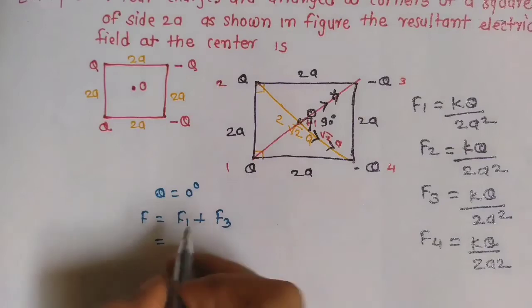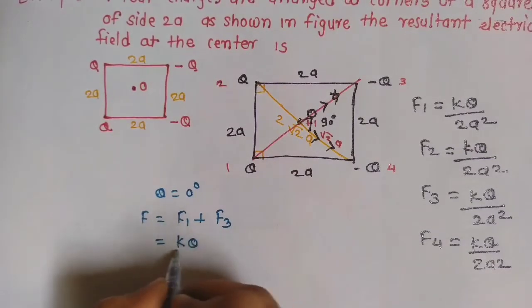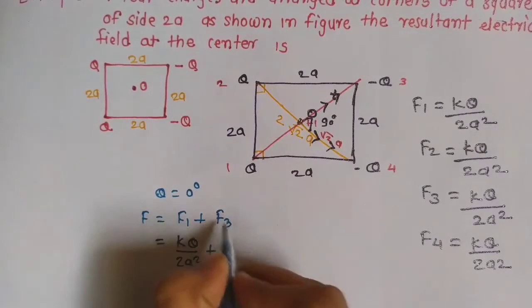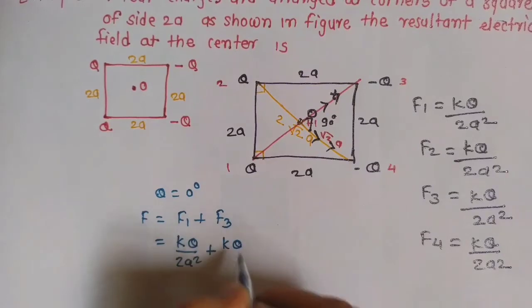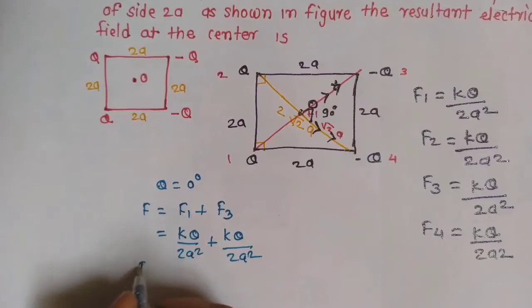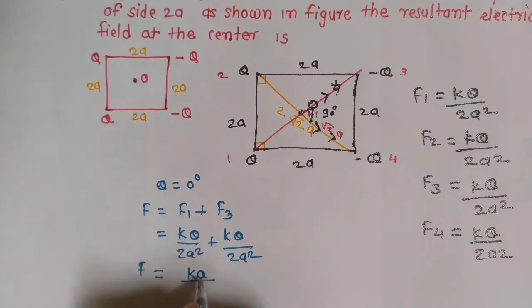So F1 is KQ upon twice A square plus F3 is KQ upon twice A square. That is, यहाँ पे जो F आ जाएगा वो KQ upon A square.